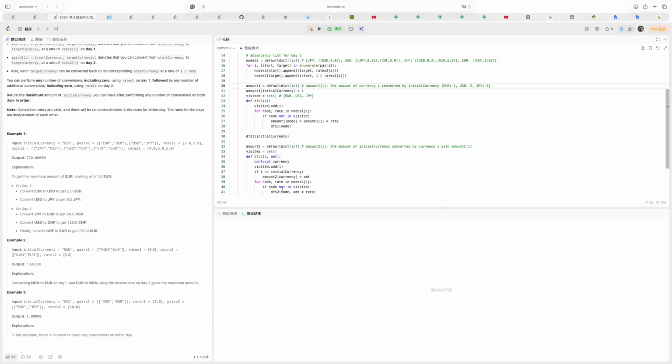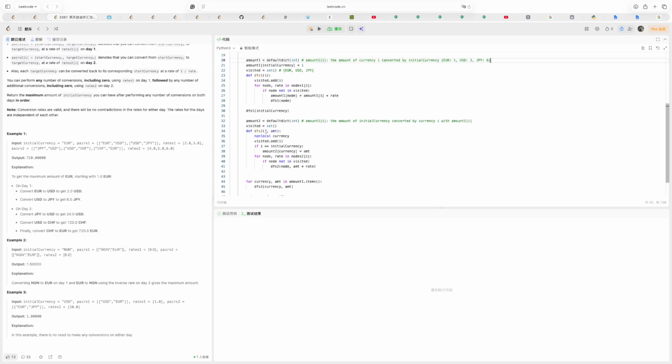We'll have this DFS2 with euros, so we will add euro to the visited set, and euros are the initial currency, yes. The starting currency will be euro, and it will be the amount, so it's 1.